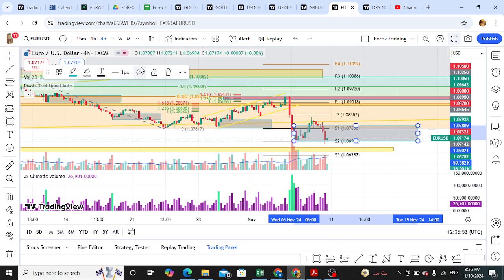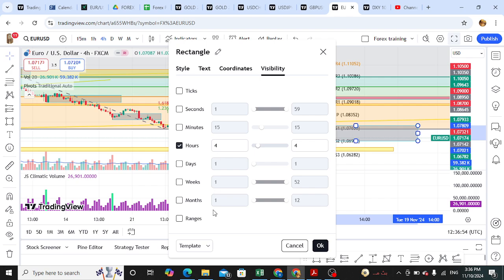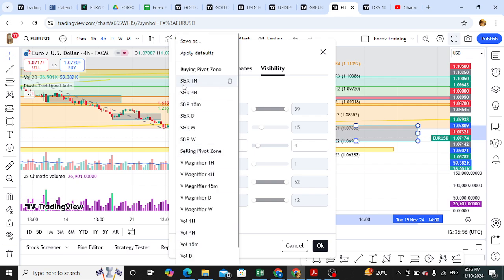And as you can see, I have templates for different things. I'll show you. I have templates for the support and resistance rectangles, for the pivot zones, and for the supply and demand zones as well. Okay.